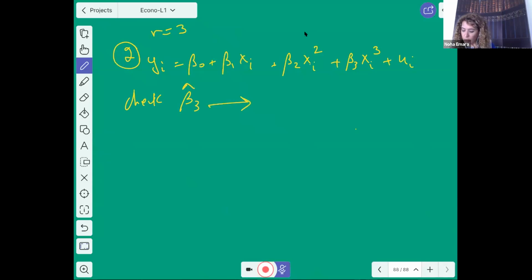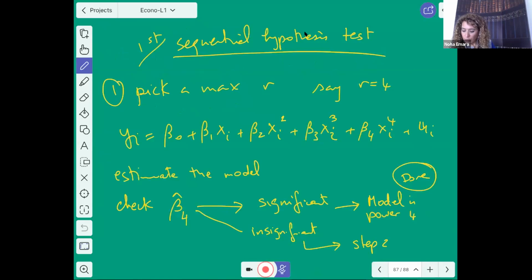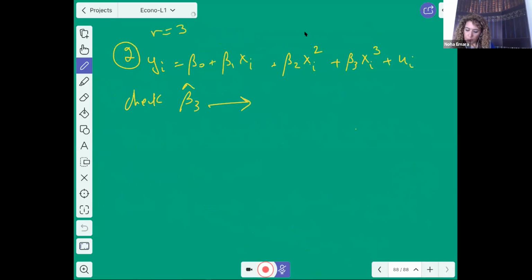Again, follow the same methodology. If significant, the model is power 3. If insignificant, go to step 3. So if significant, you're done, and your conclusion is the model is cubic.